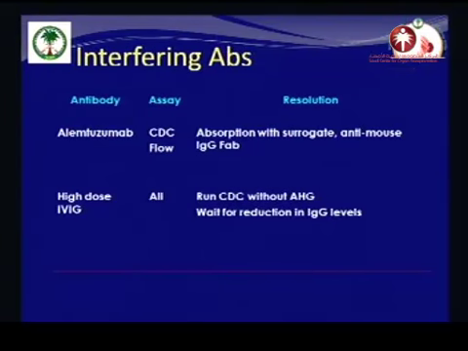So be aware of the interference of many of these therapeutic antibodies with your cross-match technique before you jump to the conclusion that this is a positive cross-match due to HLA antibody, and therefore subject the patient to more testing or unnecessary investigation.